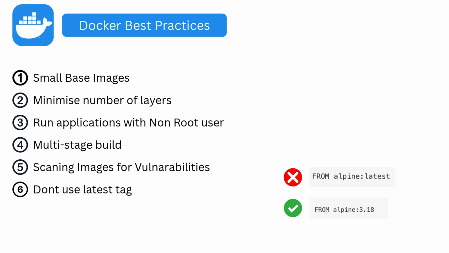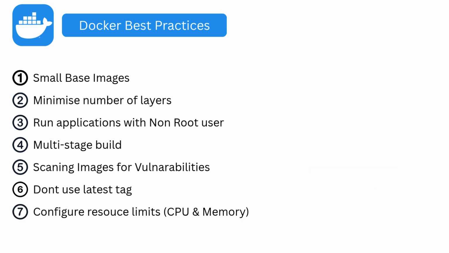The chances are the latest image we get today and the latest image we got 2 weeks back could be different. Those changes can make our application unstable. So always pinpoint the version. Don't use latest tag.